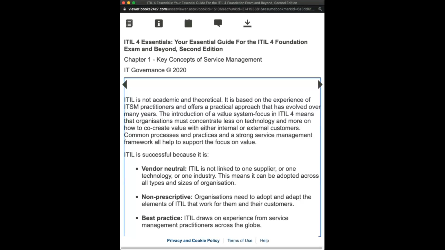The introduction of a value system focus in ITIL 4 means organizations must concentrate less on technology and more on how to create value with either internal or external customers. A misconception is that people usually think that to provide good service, we just throw them the latest and greatest technology.